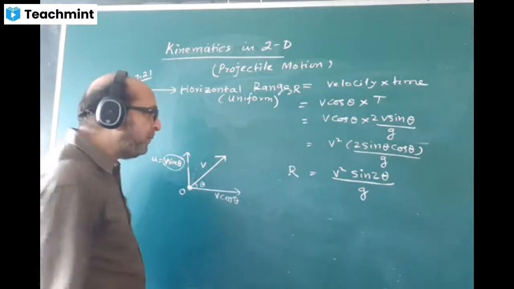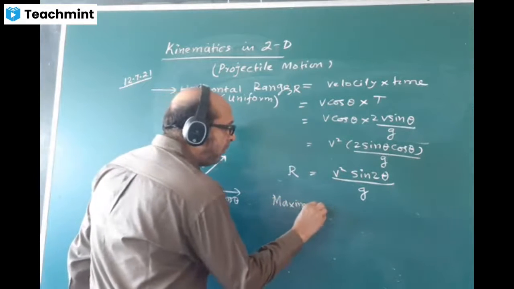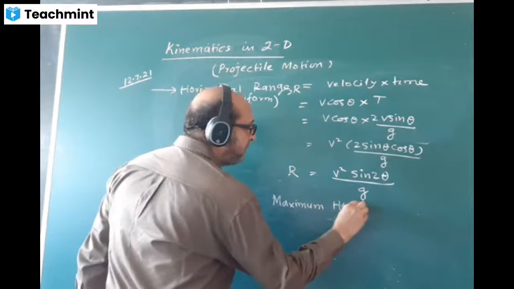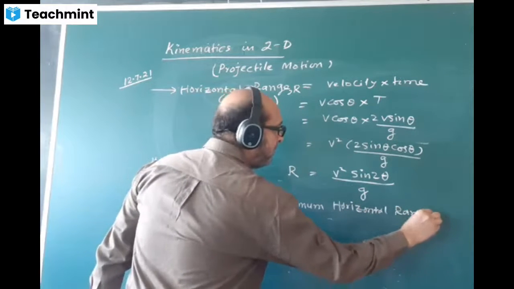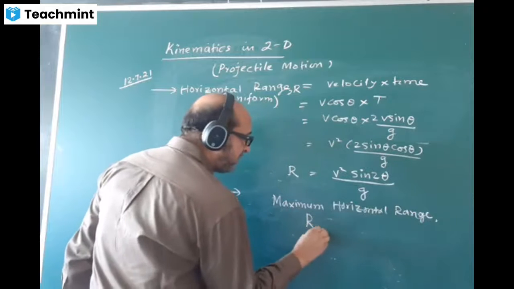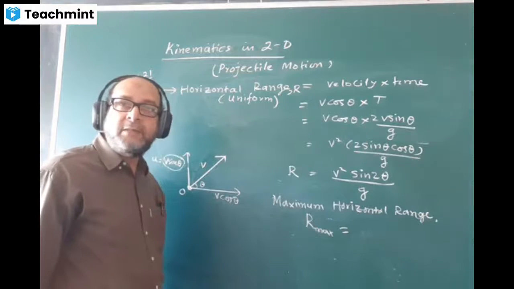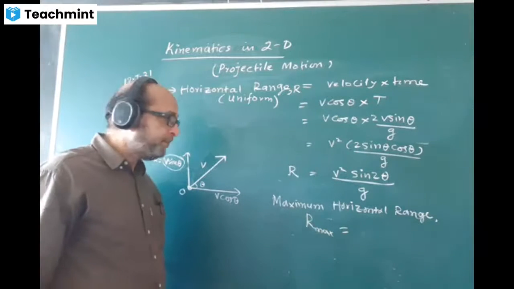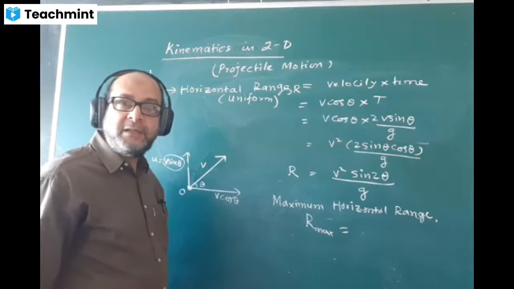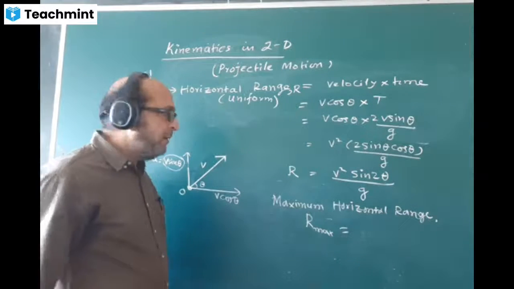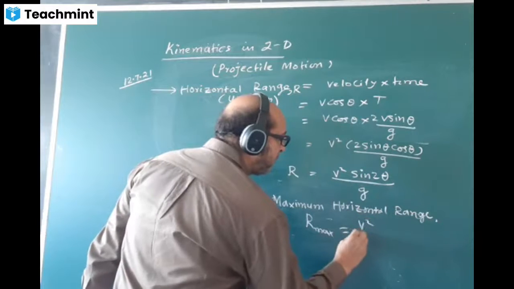We'll apply the condition for maximum horizontal range, that is R max. R max will be equal to V square by g, since the maximum value of sine is 1, at 90 degrees.